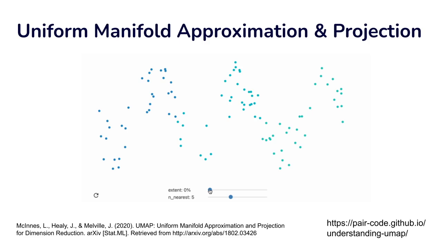how UMAP works. Maybe let me show the screen to show the animation. I'm not able to find it.